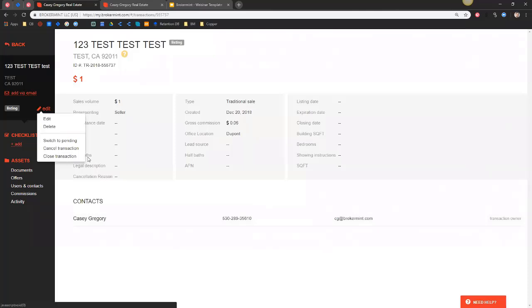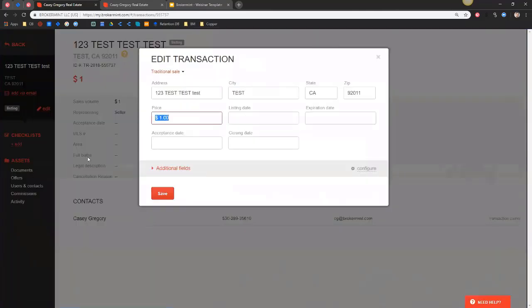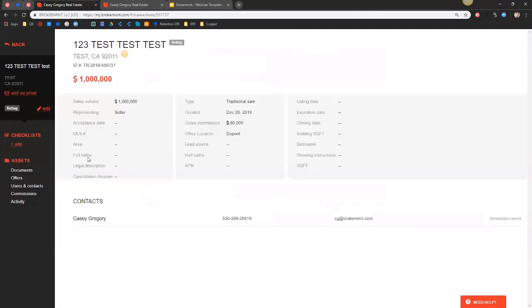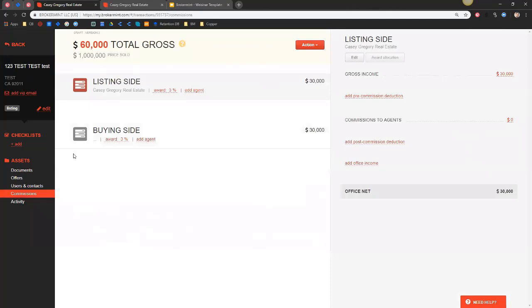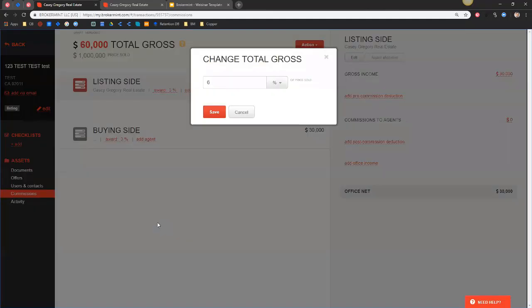And so when I look at the total gross, it'll always reflect 6% of the $1 million property. This can always be changed within the transaction as well by simply clicking on the total gross line and adjusting this value to whatever you like.